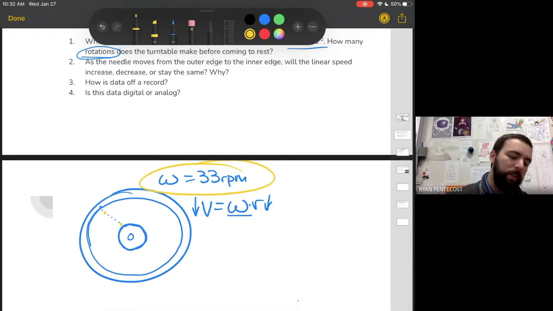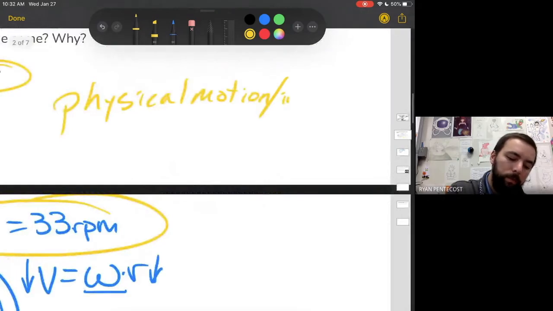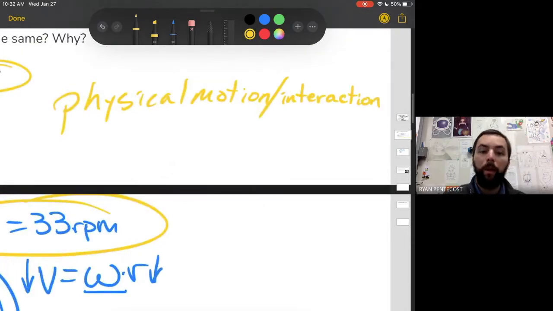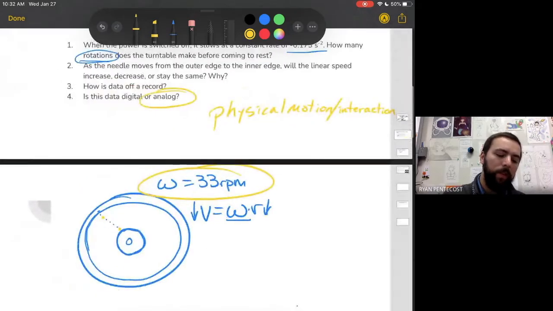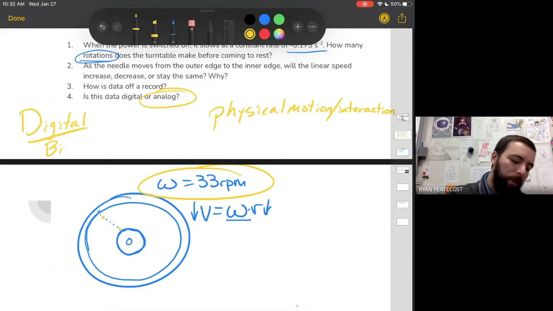Now, is this data digital or analog? So this is analog. Analog usually has some kind of physical motion or some physical interaction to read the data. Now, digital is very different. Digital is all in binary. Every technology that you use runs on binary.